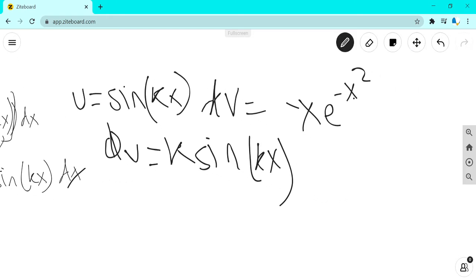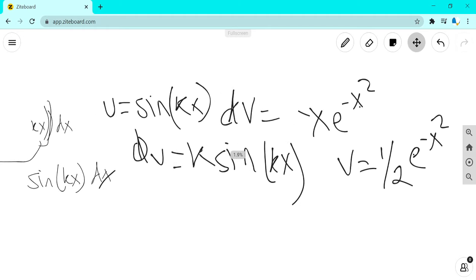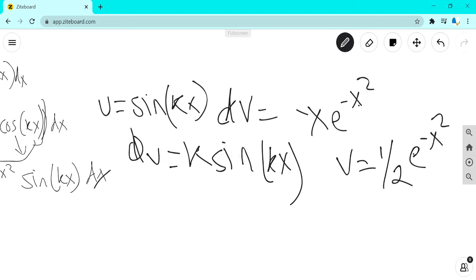If we integrate that, v is going to equal, you can do this in your mind, one half times e to the negative x squared. And actually, this can be written as one over two e to the x squared, so we rearrange it to that.